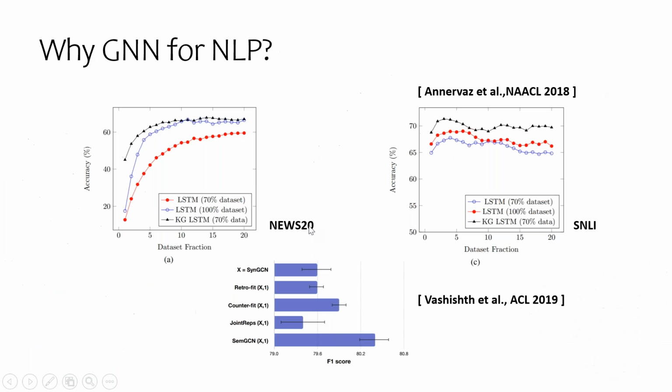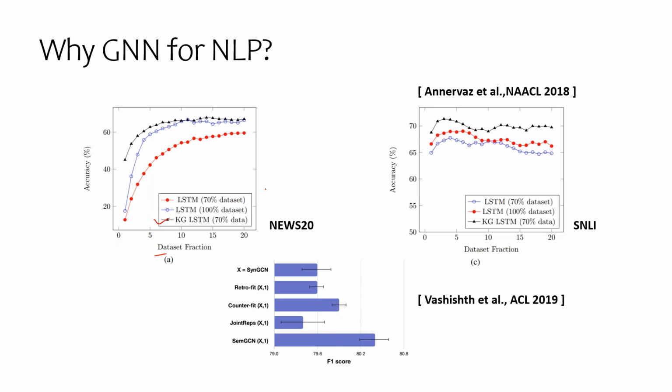So I'll go ahead. Why GNN for NLP? If you see the left side, the graph shows accuracy against data set fraction. Here it shows the LSTM with 70% data set and with a 100% data set, and the knowledge graph LSTM within 70% data set, which is doing better here, right?